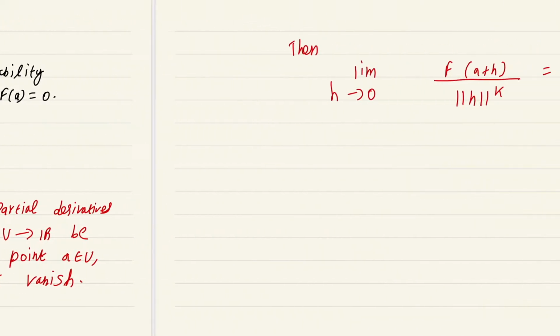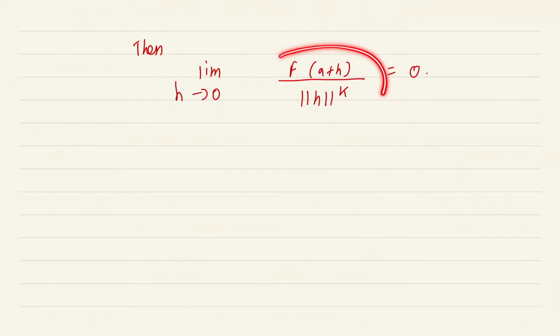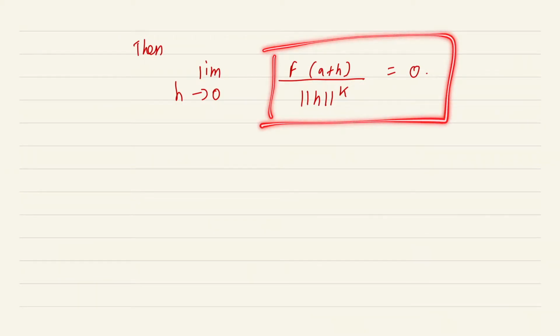Then the limit as h goes to 0 of f of a plus h divided by norm h to the power k equals 0. So the conclusion is that f vanishes at the point a really fast. That's captured by saying that even if you divide by norm h to the k, the function still goes to 0.